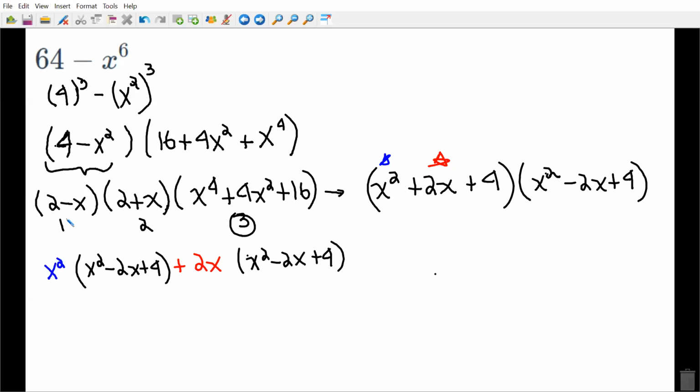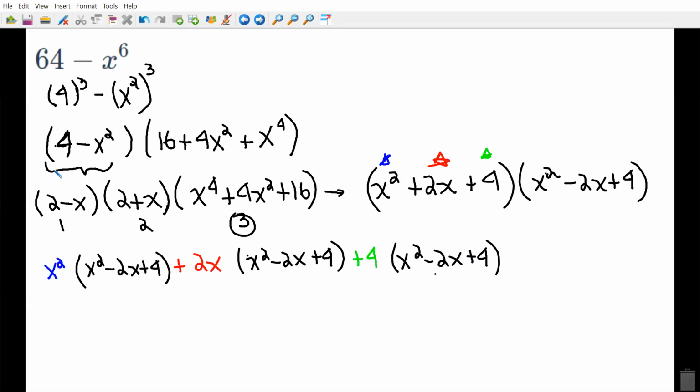And then in green, I am going to have plus 4, that is going to be multiplying x squared minus 2x plus 4, right? So according to that, I am going to be using the distributive property, okay?